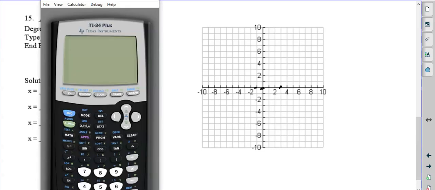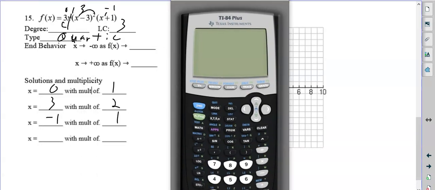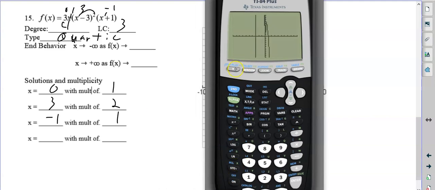So let's put in our calculator since we're going to like to use this anyway. So turn this on, go to y equals, clear it out. So we have 3x, parentheses, x minus 3, parentheses, squared, parentheses, x plus 1. Graph. Should be a general W shape, which it is. I mean, not a good W, but both are ending up positive infinity.